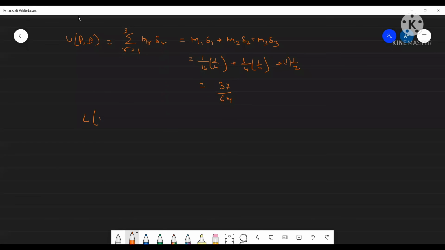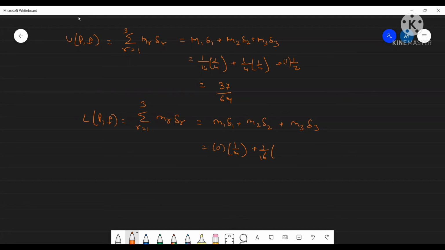Now finding LPF. LPF will be equal to the summation, r equals 1 to 3, of small mr into delta r. So this is equal to small m1 delta 1 plus small m2 delta 2 plus small m3 into delta 3. What is m1? m1 is 0. What is delta 1? 1 by 4. What is small m2? 1 by 16.